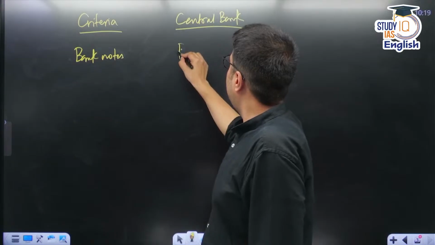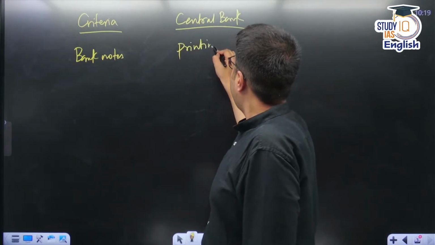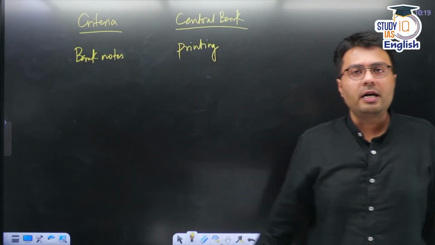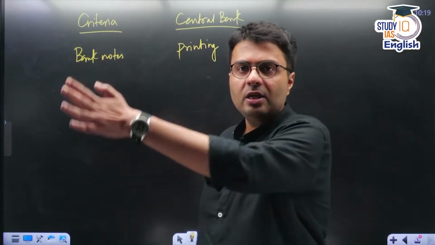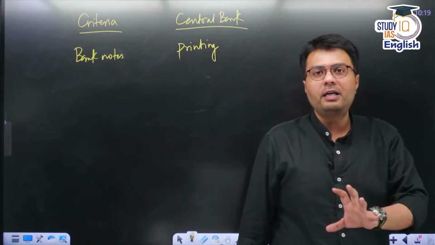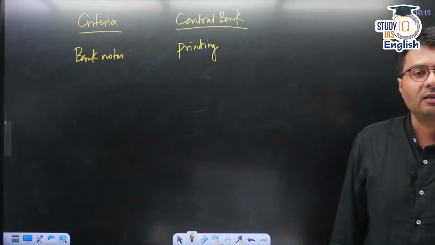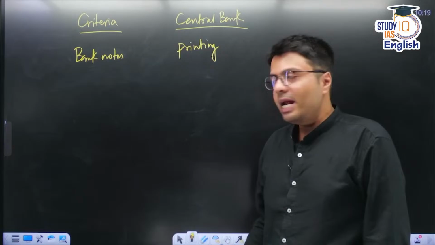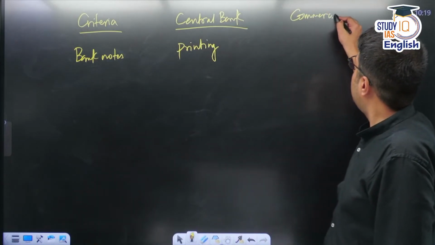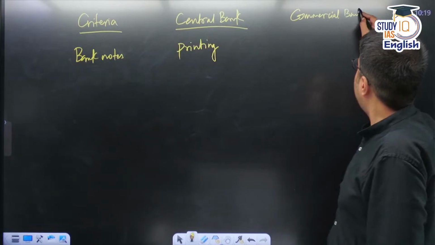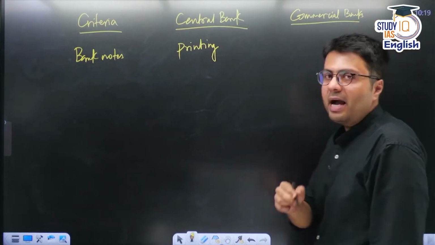It is responsible for printing of banknotes in India. So all the banknotes ranging from rupees 2 to rupees 2000 are printed by the RBI, that is the Central Bank of India. Now, any idea what is the role of commercial banks in this regard? What do commercial banks do with respect to banknotes?